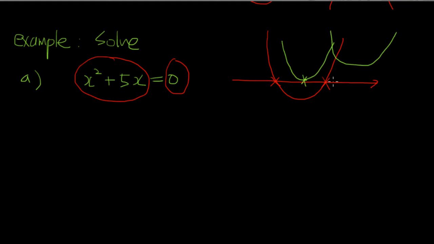Now, I mentioned that we have two possible solutions. If you take a look at this actual equation more carefully, the equation itself also suggests that we might have two solutions. What part of this equation is telling us that we can have possibly up to two solutions?